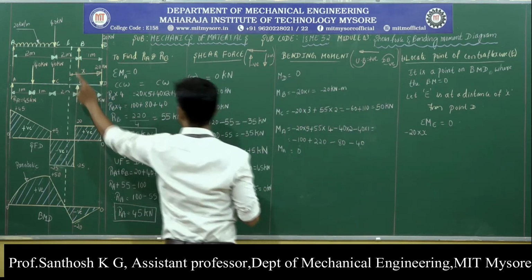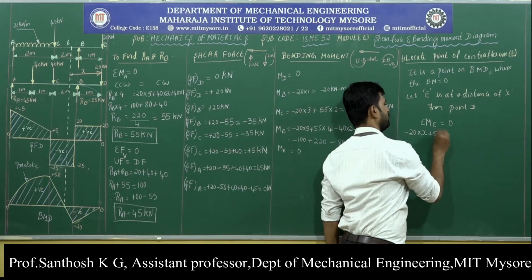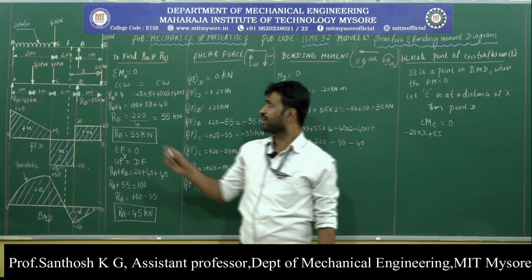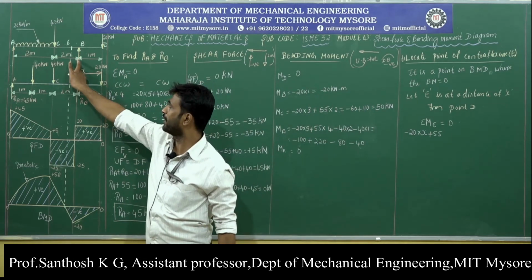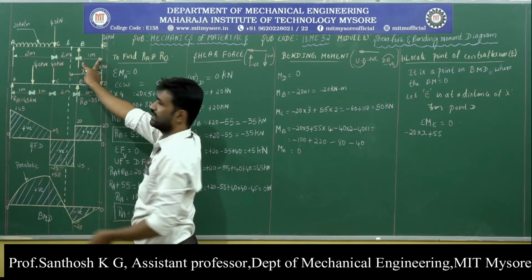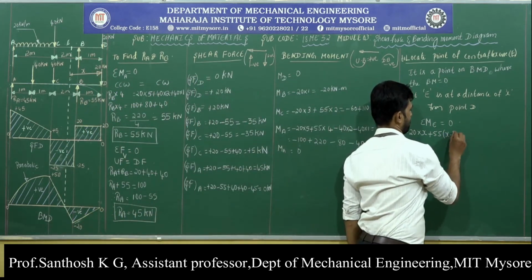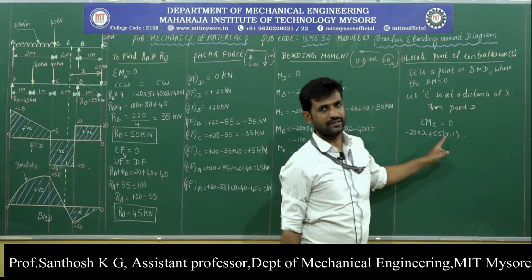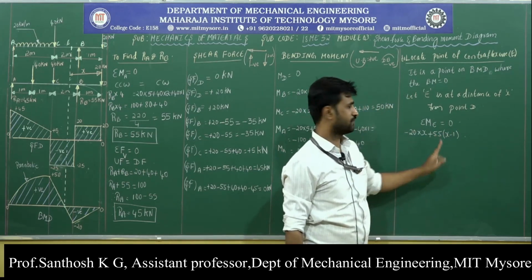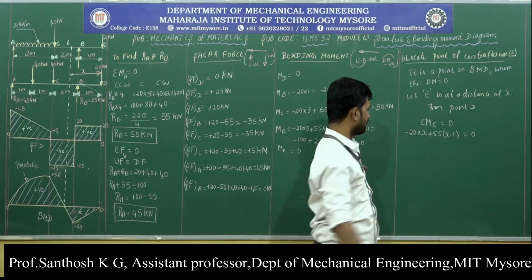Then at B we are having an upward force of magnitude 55 kilonewton, and its distance from point E will be equal to x minus 1, and it is creating an upward bending.